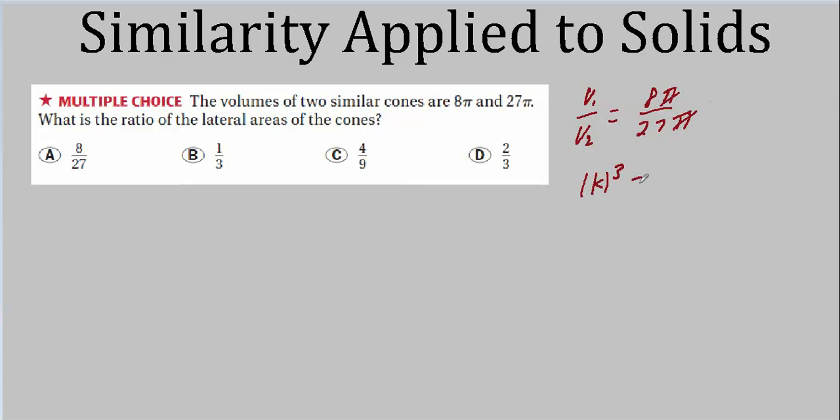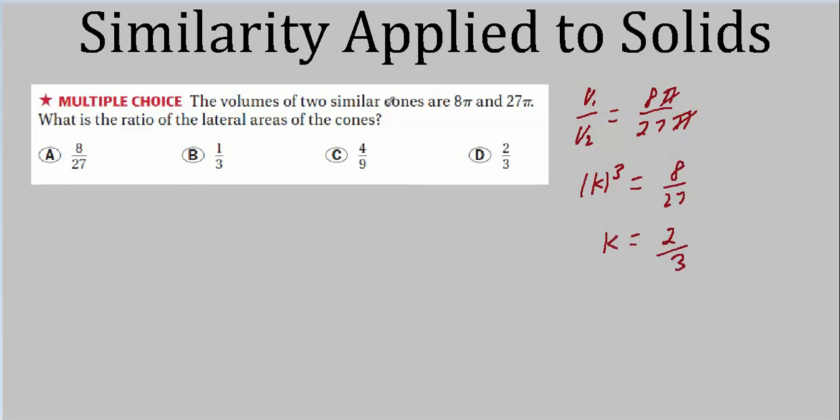And what we have here is that k cubed equals 8 over 27. So I think that would give us that k is equal to the cube root of 8 over the cube root of 27. And that's 2 over 3. 3 cubed is 27. 2 cubed is 8. Well, that's our scale factor.